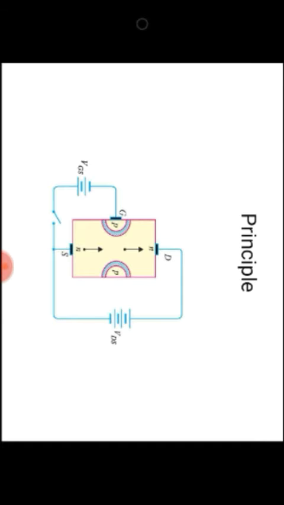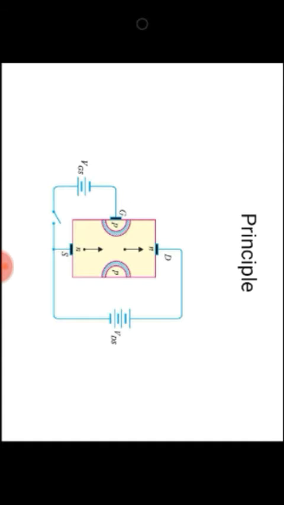We do not provide a positive supply between gate and source. Your drain terminal is connected to the positive terminal, and the source is connected to negative. So your electrons flow from source to drain, and we get the current from drain to source.